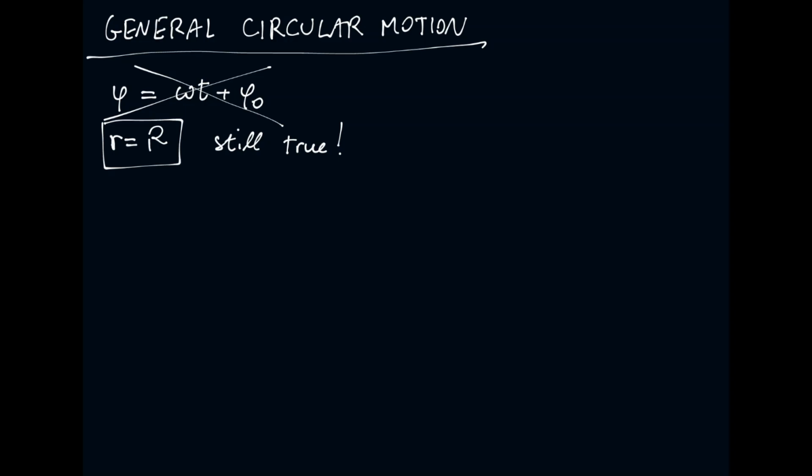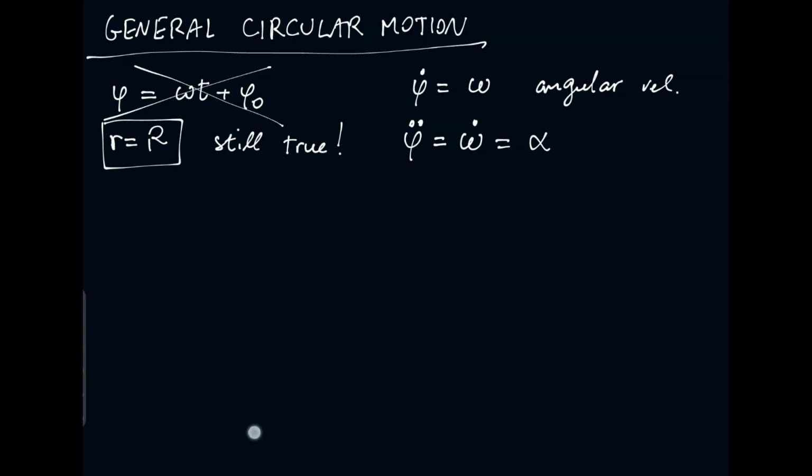In particular, we called omega the first derivative of phi. This is the angular velocity. We can give a name to the second derivative of the angle, which is the first derivative of omega, and we typically call it alpha.